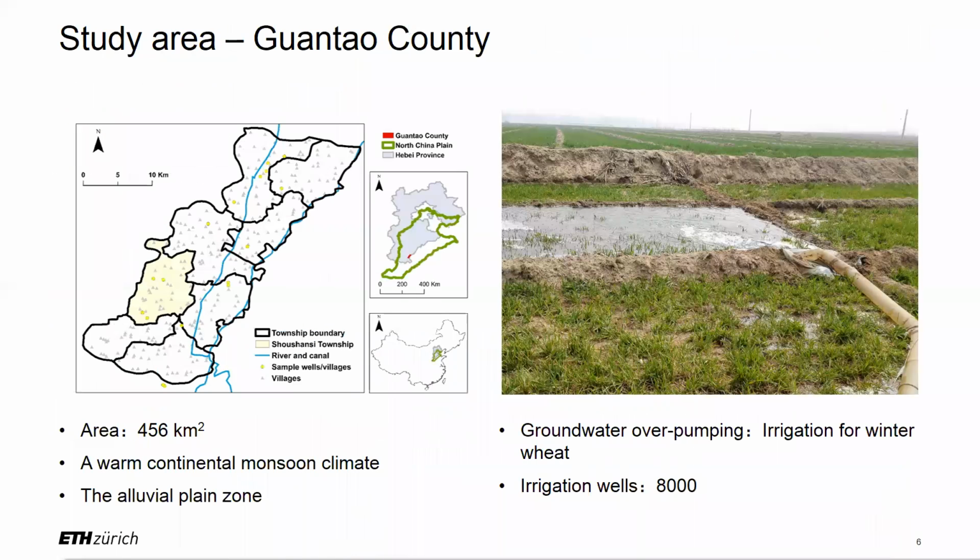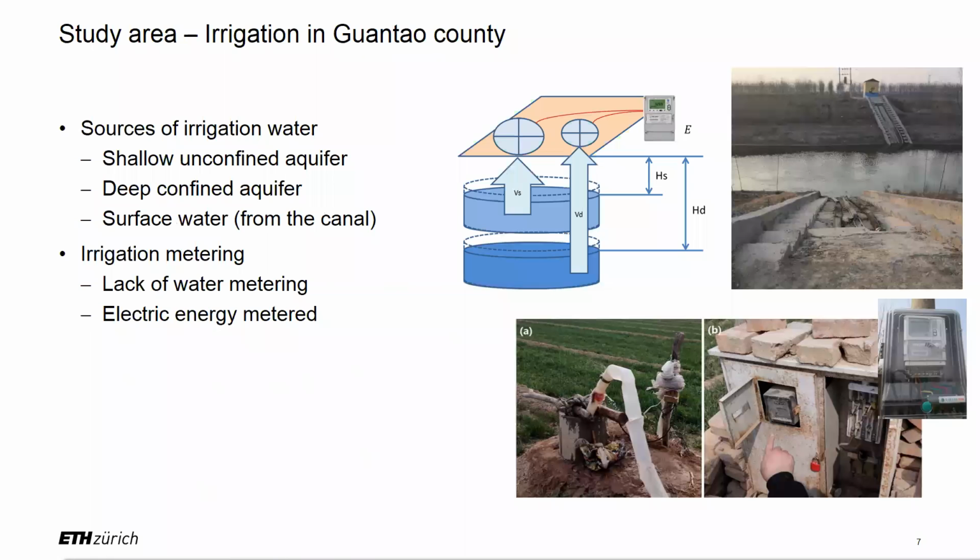So our study area is still Guantao County. The audience already has an idea about Guantao County. It is located in the alluvial plain zone. Most of the irrigation water comes from the shallow unconfined aquifer. That is why we focus on the shallow aquifer.